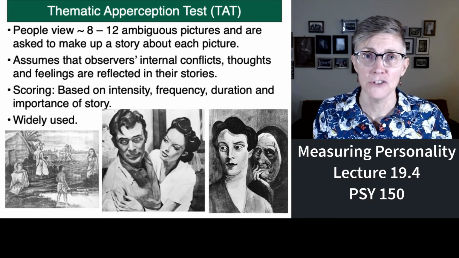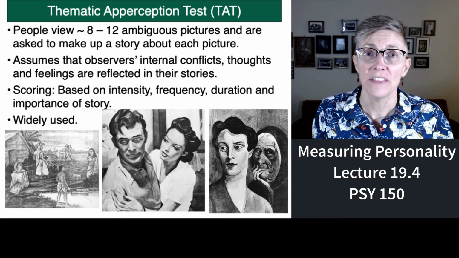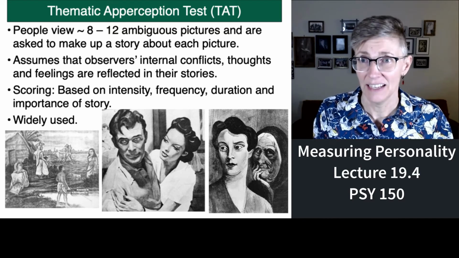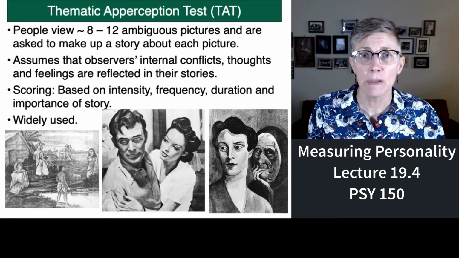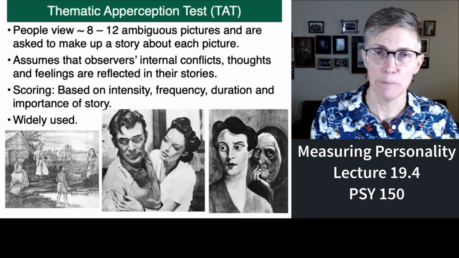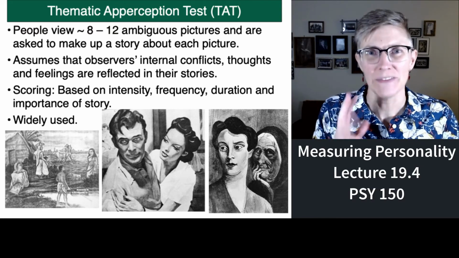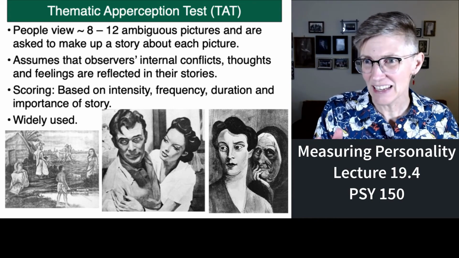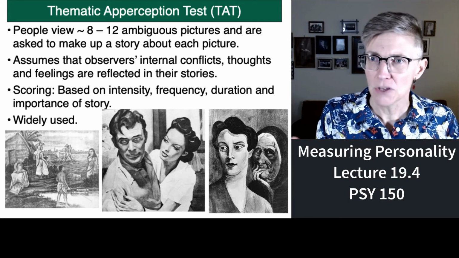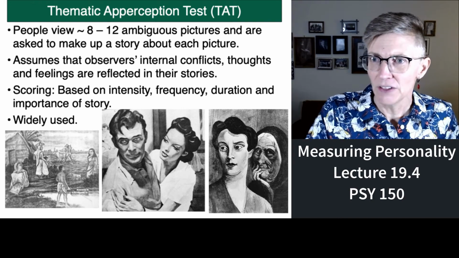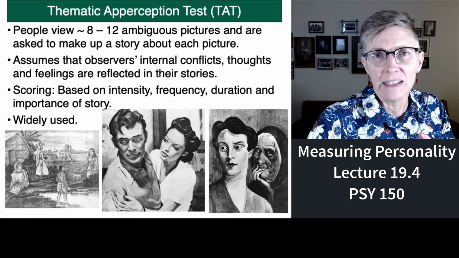The other major projective technique is called the TAT, or the Thematic Apperception Test. And in this test, what people see are not completely ambiguous drawings, but sort of ambiguous drawings. So you can see here, say the middle picture, there's a man leaning forward, and there's a woman who's holding him in some way.